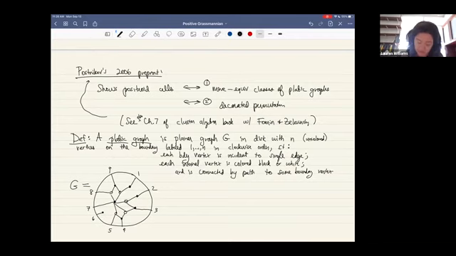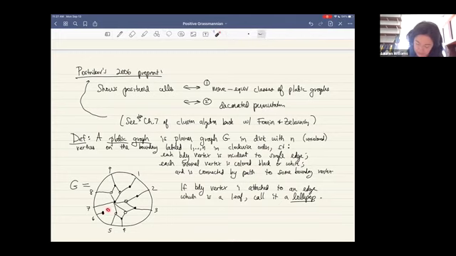And if I have a boundary vertex i attached to an edge which is a leaf, we'll call it a lollipop. So this right here is a black lollipop.